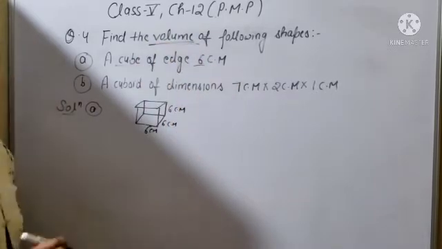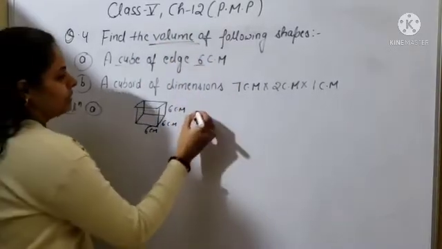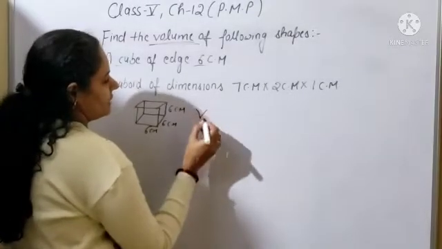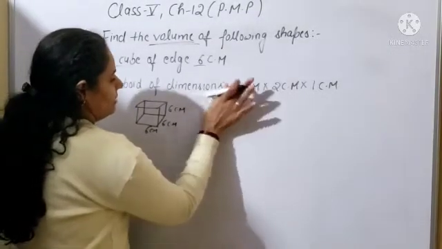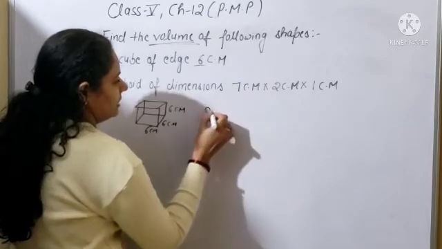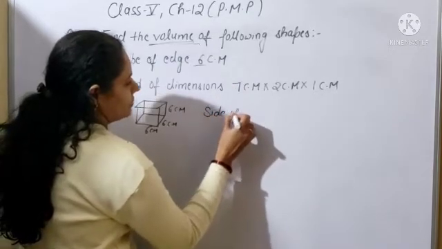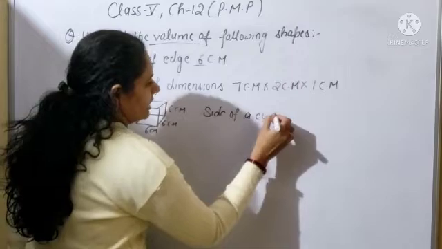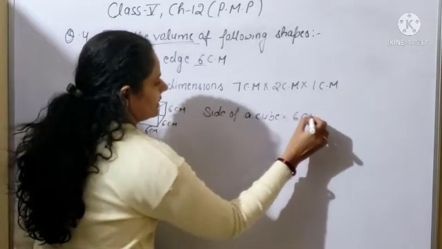What will you find out? You will find out the volume of the cube. So what will be the volume of the cube? First of all you will write in the proper solution, side of a cube is equal to 6 centimeter.